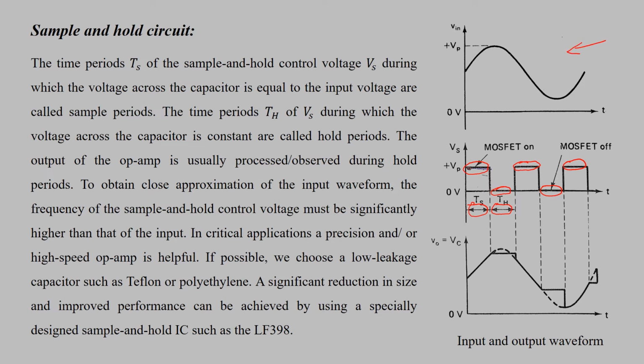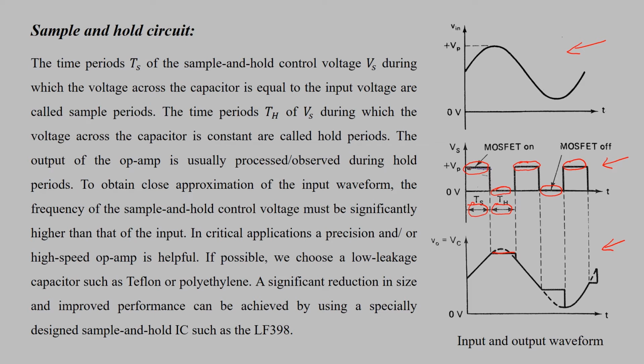So this is the Vs, that is the sample and hold control voltage, and this is the output waveform. So during the sample period, capacitor is charging, and while it is held, it will be held back at a point at which it was sampled.